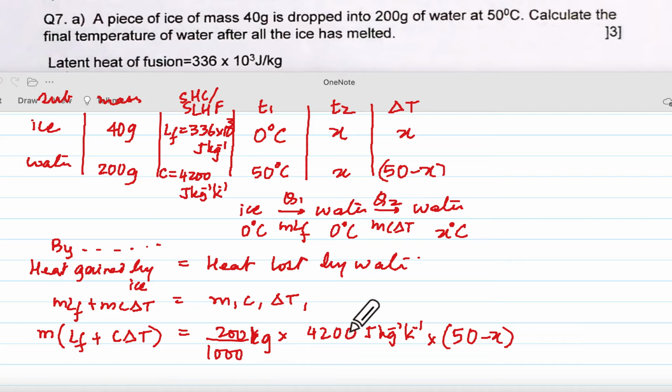Okay, I have 1, 2, 3 zeros getting cancelled.